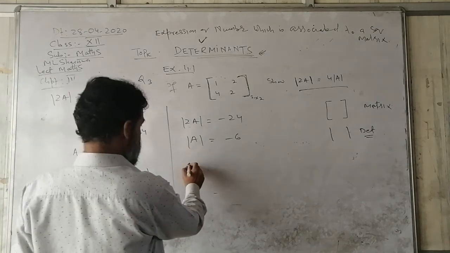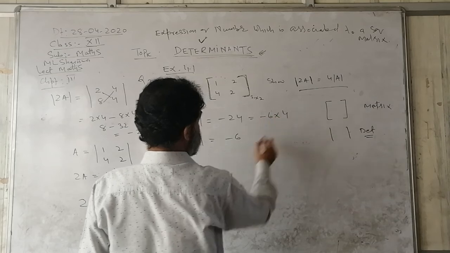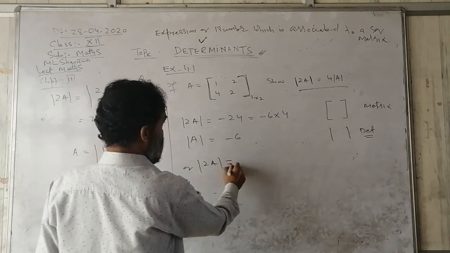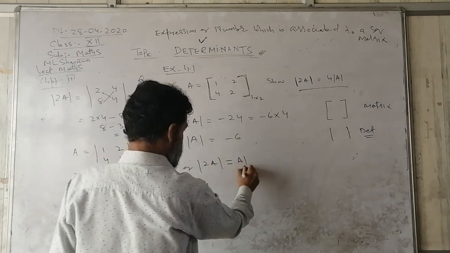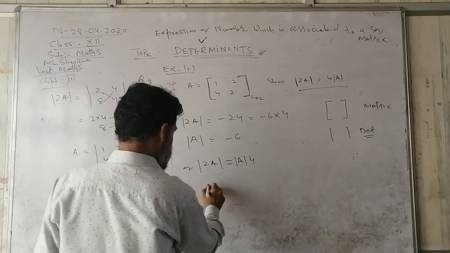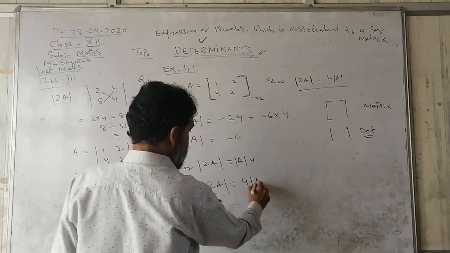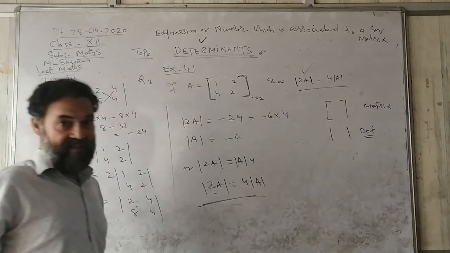So I can write the determinant of 2A as minus 6 into 4, that is, the determinant of 2A is equal to 4 times the determinant of A. So this was the result which I have got.